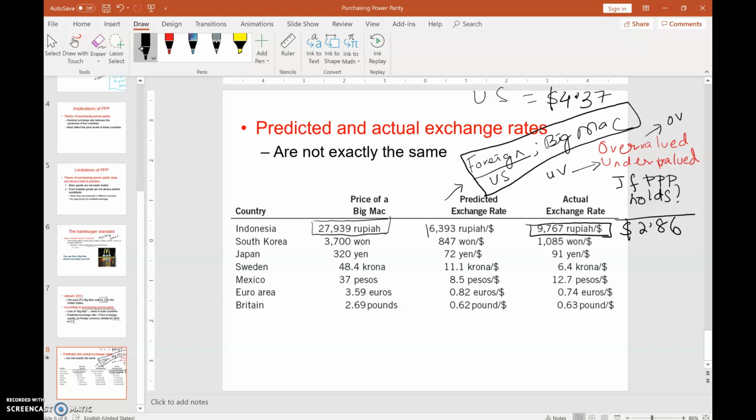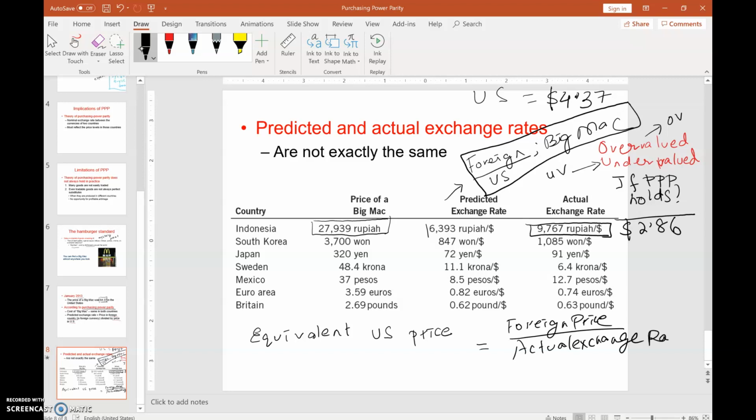To see if PPP holds, I need to find the equivalent US price for all these different countries and comment on whether these are underpriced or overpriced. The formula for that is I take the foreign price and divide it by the actual exchange rate.